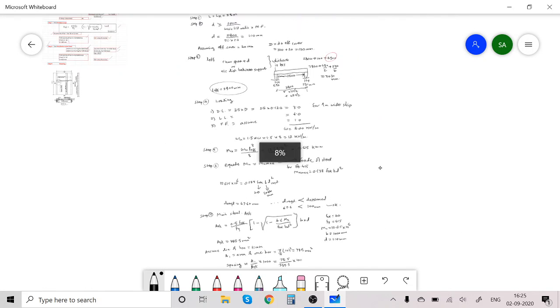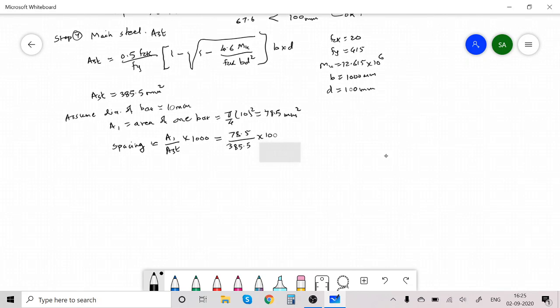So here, after calculation, I will get the spacing as 203.6 mm. Always round it to the lower side, 200 mm center to center. This is the spacing.